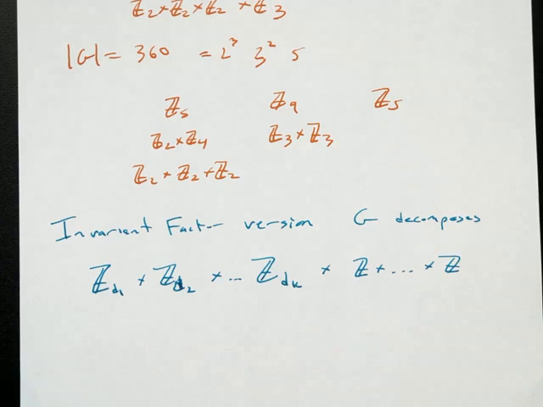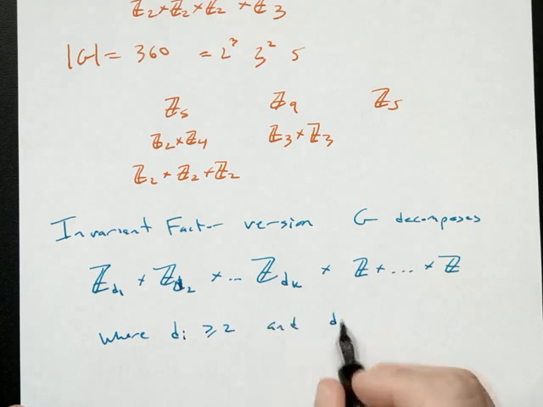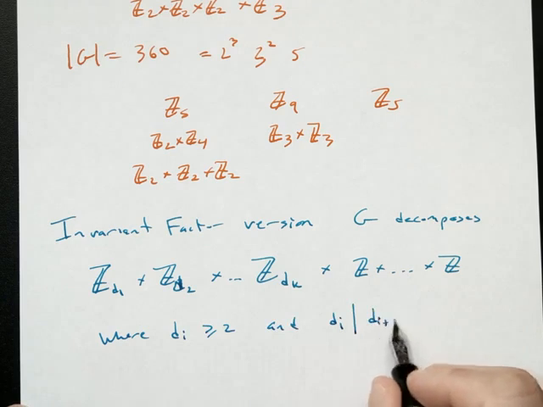So now my subscripts are different. They're D1 through DK, where DI is always bigger than or equal to 2, and DI divides evenly into DI plus 1. What the?